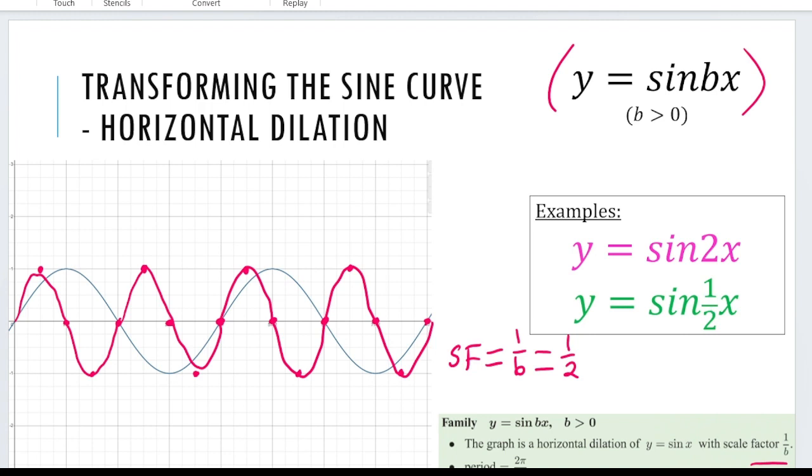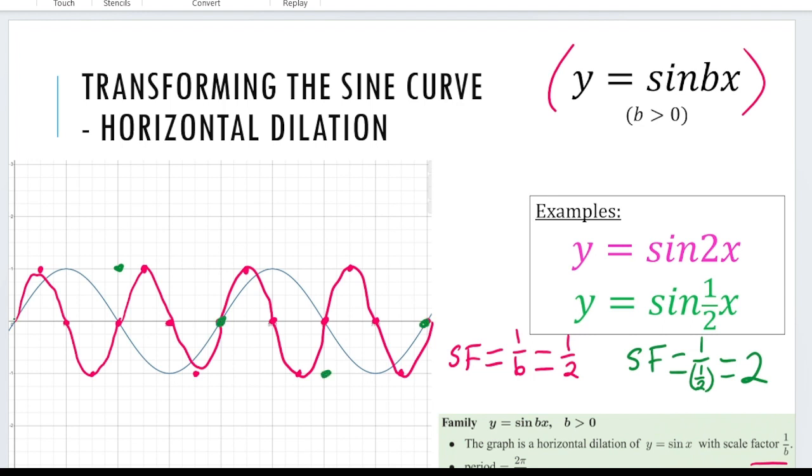Conversely, if we look at sine of half of x, our scale factor is going to be 1 on a half. Now, when we divide by a half, that actually doubles it. So our scale factor is 2. So if we look at what happens when our scale factor is 2, that means that when we had 2 full periods of this blue regular sine function, we're actually going to find out that we only get one entire period here.